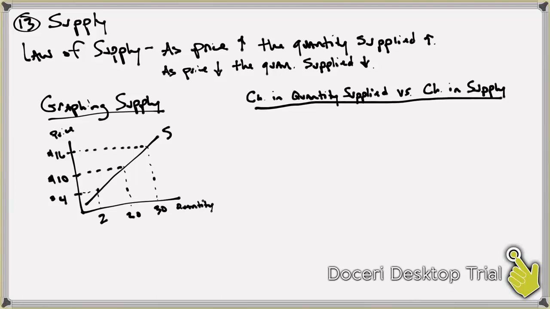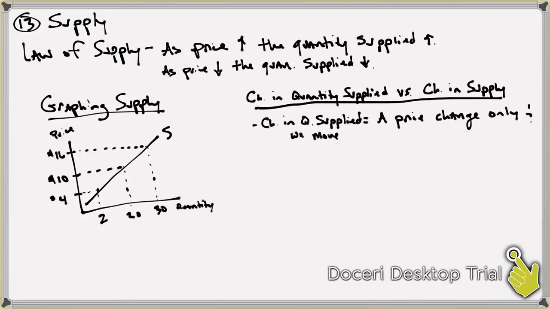That's the quantity supplied. Let's put down here, change in quantity supplied equals a price change only, and we move along the curve.